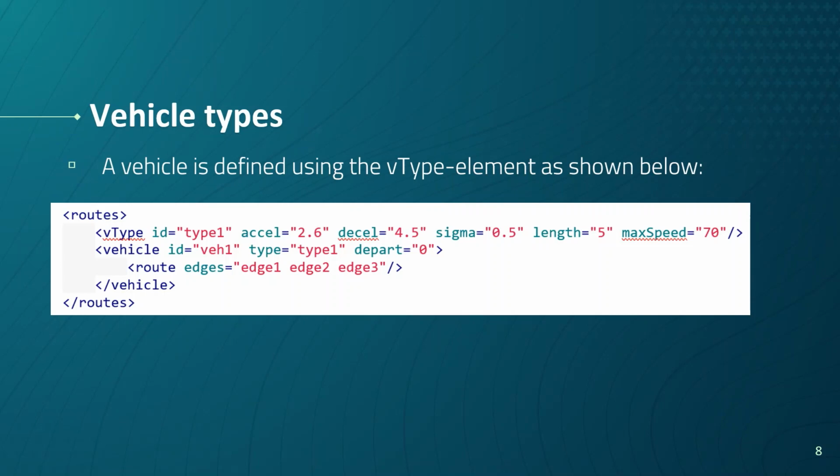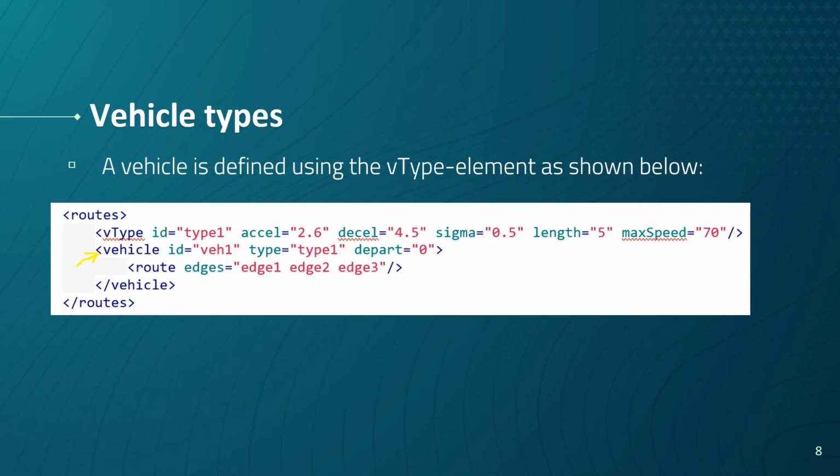Here, first the vehicle type is defined, and then the vehicle itself. The vehicle type is defined externally, and then the vehicle itself is defined in the network, which departs at time 0 with the type 1 vehicle, with the ID type 1.